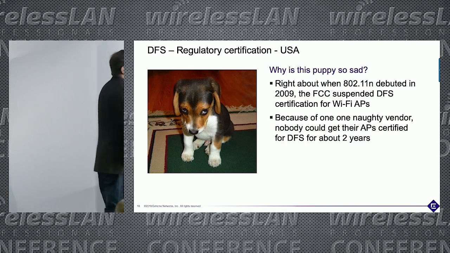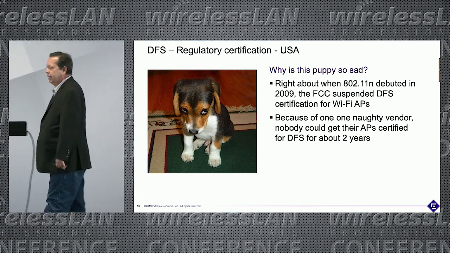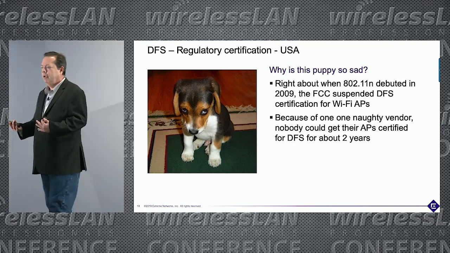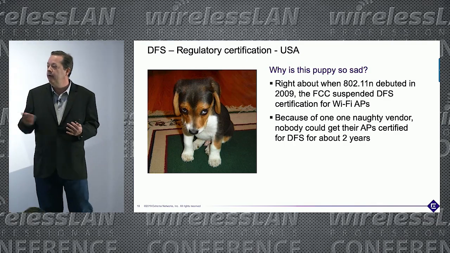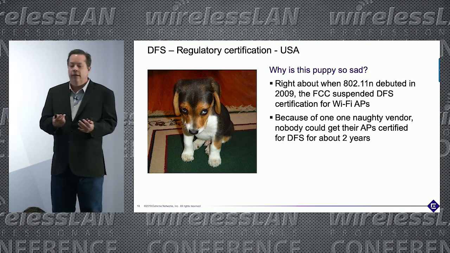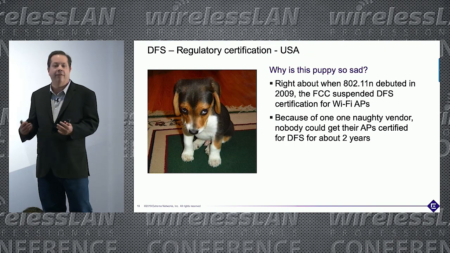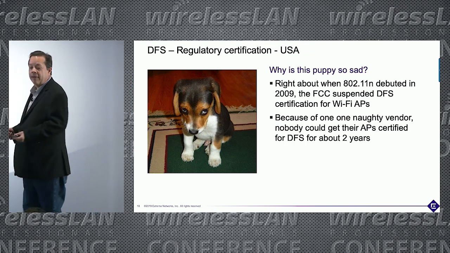The reason is there was one naughty vendor that caused a little problem. I don't know the full story, but basically they had some outdoor APs that interfered with some radar near a military base. And that angered 3 government agencies: the FCC, the FAA, and the Department of Defense.